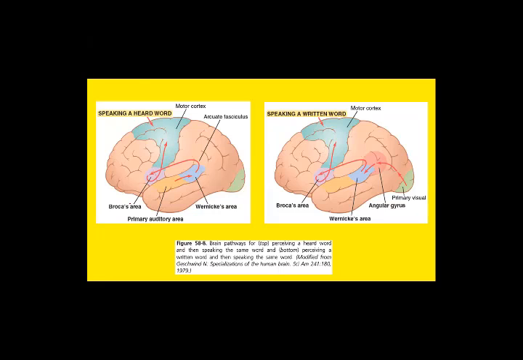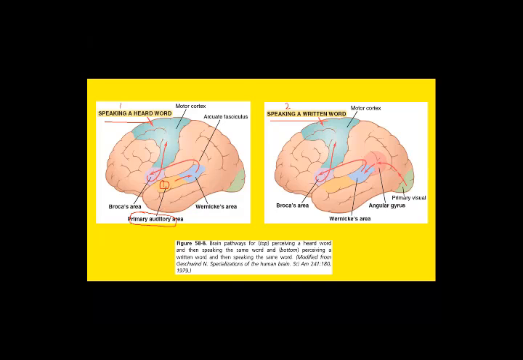On the left hand side is the depiction of the pathway when you speak a heard word. Speaking a heard word involves a different pathway, number one. Speaking a written word involves a different pathway, number two. Let's focus on the figure on the left side first. When you speak a heard word, obviously the input is received by the auditory area located within the temporal lobe.